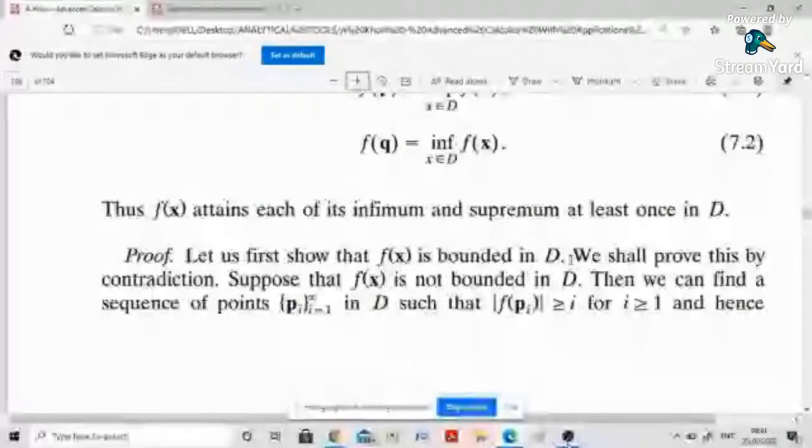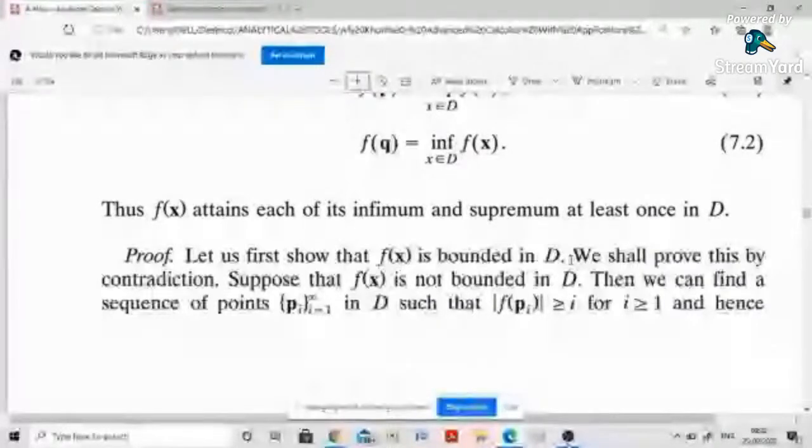If a function is not bounded, what happens? Then there exist points such that mod f of x is greater than or equal to i. So here we can find a sequence of points p_i, a multivariable sequence, i going from 1 to infinity, taken from the domain D in such a way that mod f of p_i is greater than or equal to i.